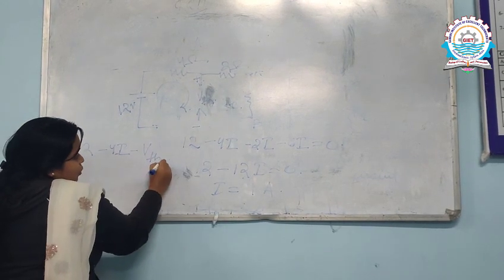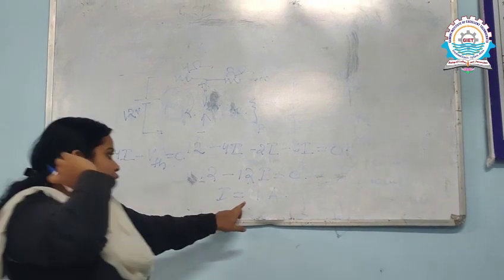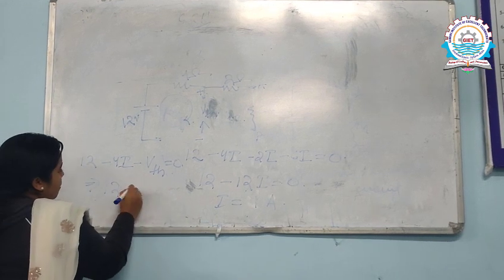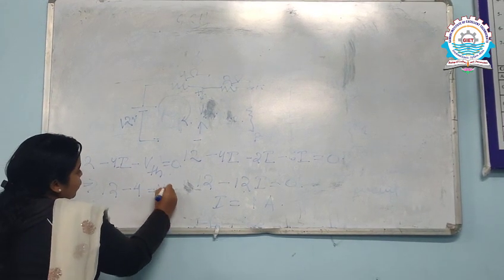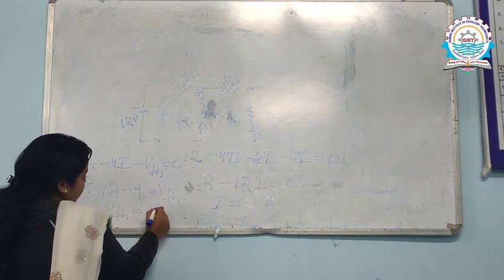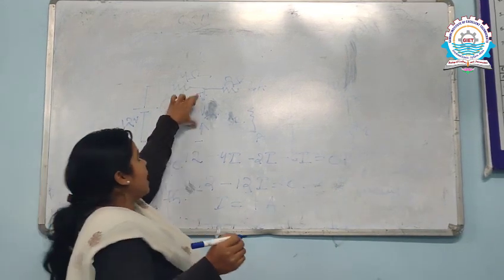Traveling from plus to minus, that is minus VTH equal to 0. I already have the value of I, that is 1 ampere. So 12 minus 4 is equal to VTH. So VTH is 12 minus 4, that is 8 volt.